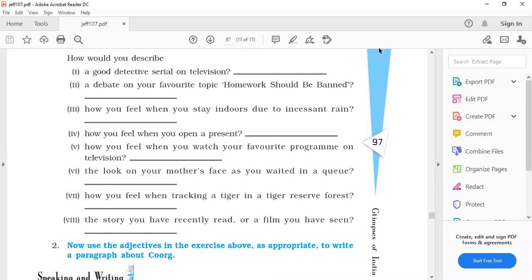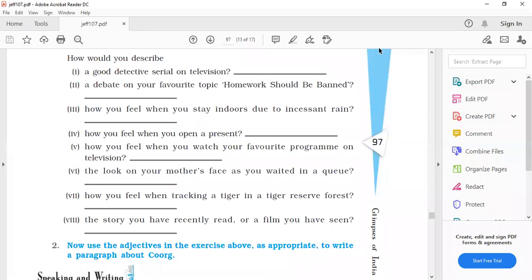Then you are to bring in 2 or 3 pictures each, accompanied by a short, neatly handwritten write-up on the place shown in the pictures. Arrange them on your classroom walls, or nowadays, according to the circumstances, you can prepare it in your notebook. Any 2 or 3 places, you can paste pictures in your notebook and write about that.